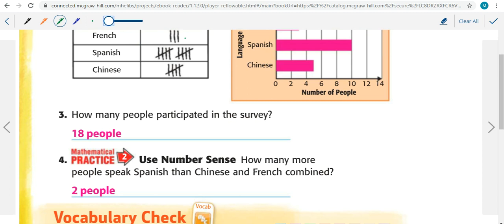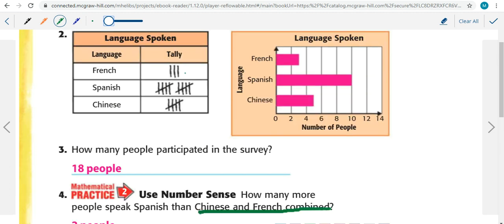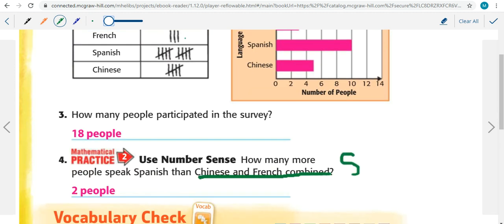Use the number sense. How many more people speak Spanish than Chinese and French combined? Now listen. First you have to add Chinese and French. Now, Chinese has 5 and French has 3, right?